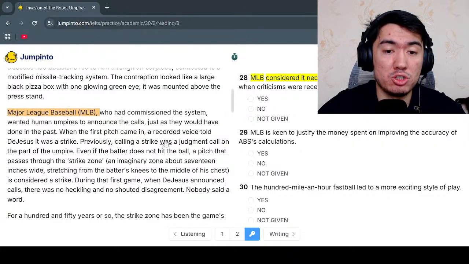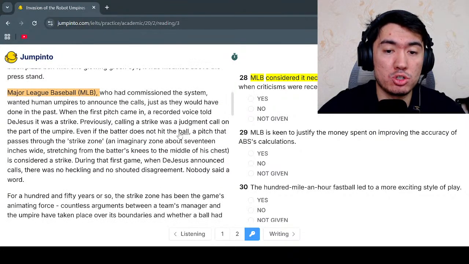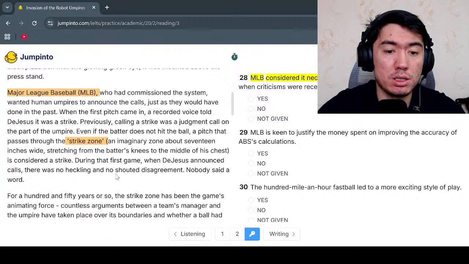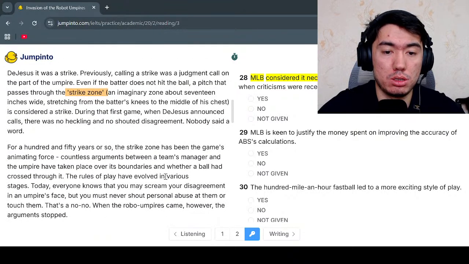When the first pitch came in, calling a strike was a judgment. Strike zone, okay, that was another location keyword. Is considered a strike. During that first game, there was no heckling and no shouted disagreement. Nobody said a word.